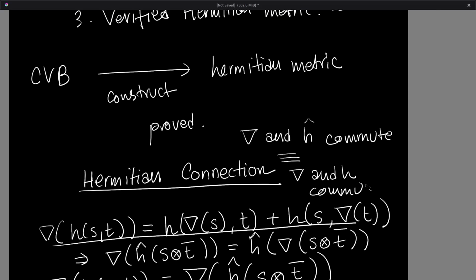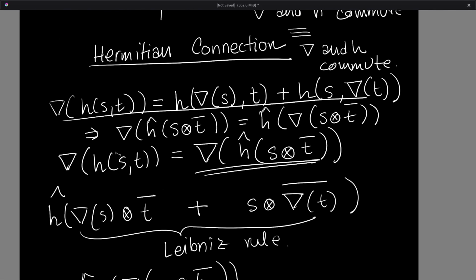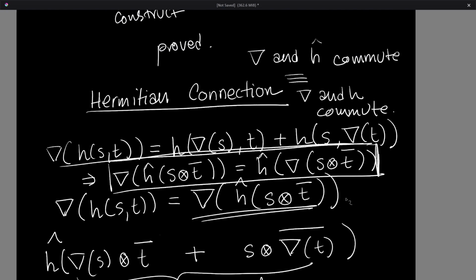But it's harder to see from the h's point of view because h is a sesquilinear form and they've kind of hidden it behind some manipulation. So this is essentially it. This is called Hermitian, or I'm going to call it Hermitian compatibility.